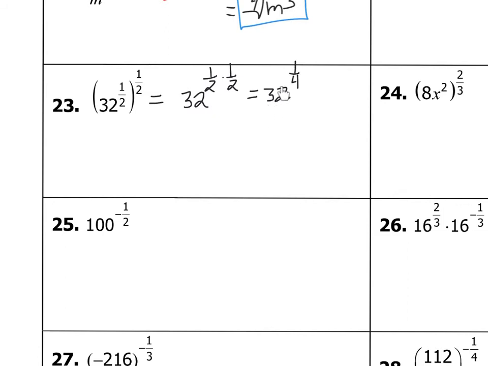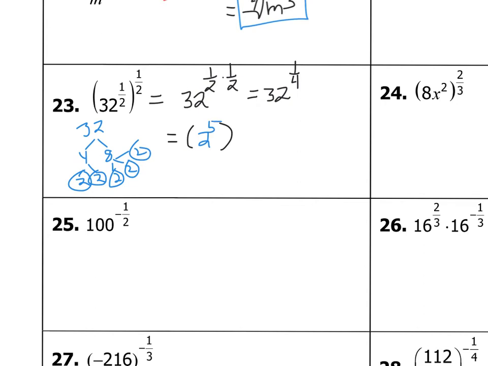If I were you, I would take this base of 32 and convert it to its exponential form. And so if you recall, prime factoring 32, I get 5 2's. So I'm going to replace the base of 32. So instead of 32, I'm going to have 2 to the 5th.